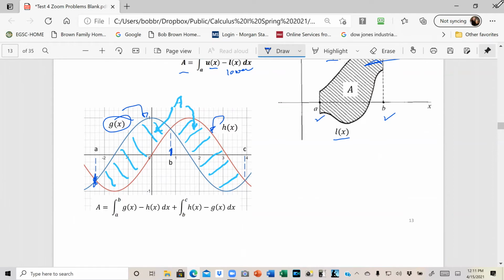So to calculate this part, we go from a to b of g of x minus h of x dx. And to calculate this part, we go h of x minus g of x. That's the upper minus the lower. And so that would calculate the area of these two pieces.